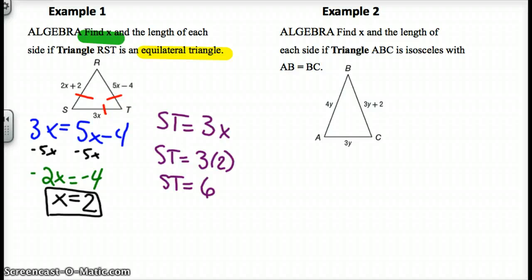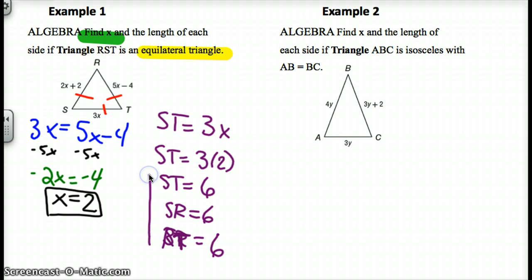Since all sides are equal, if ST is 6, then SR is going to be 6, and RT is also going to be 6. So I needed to find the value of x, and I needed to find all the sides. Make sure while you're working on these problems in your homework, you're showing all of the details.